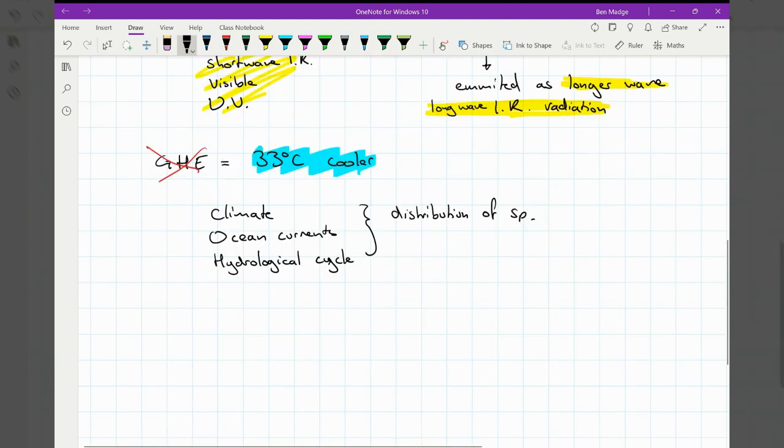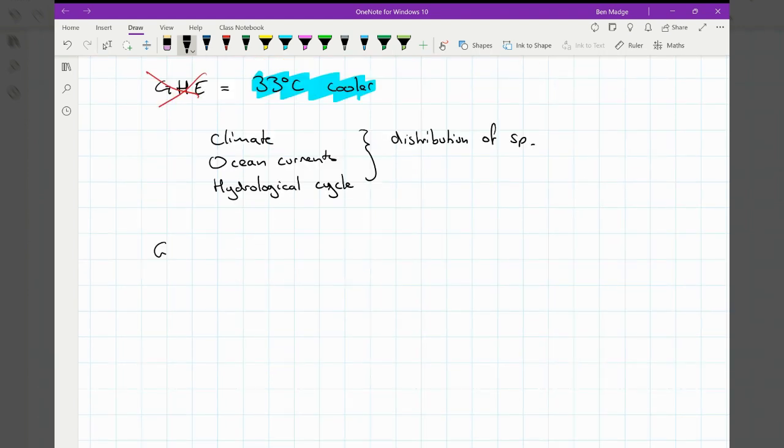And our greenhouse gases you will often see abbreviated to GHG. Things like CO2, water vapor is another really important one.